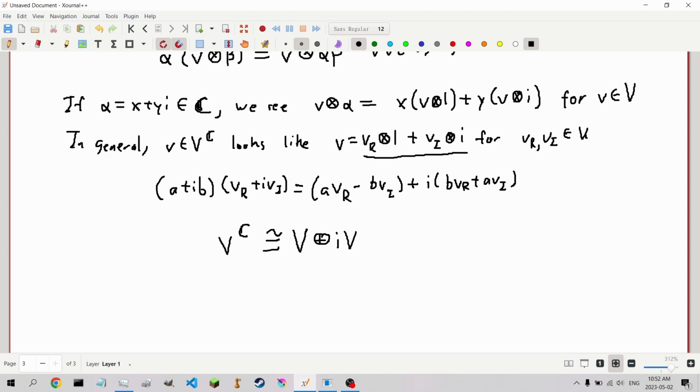And of course, we remember that from the dimension of the tensor product being the product of the dimensions of its constituents, the dimension of this thing is going to be twice the dimension of our original space, which is going to be the same thing as the complex dimension of our new space being the dimension of our original.